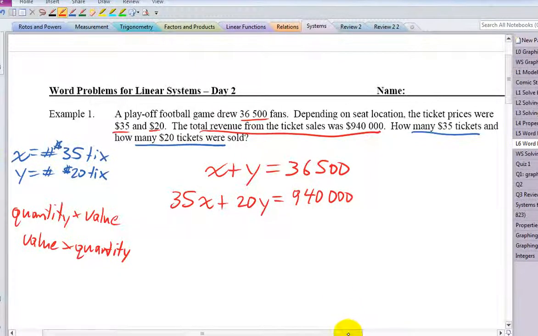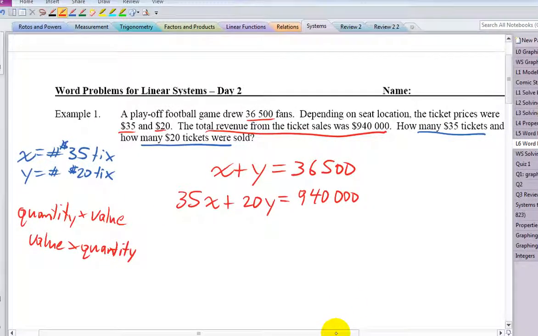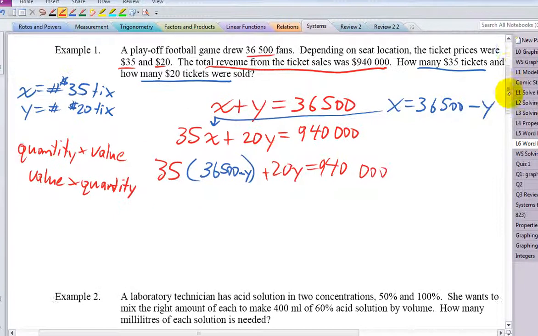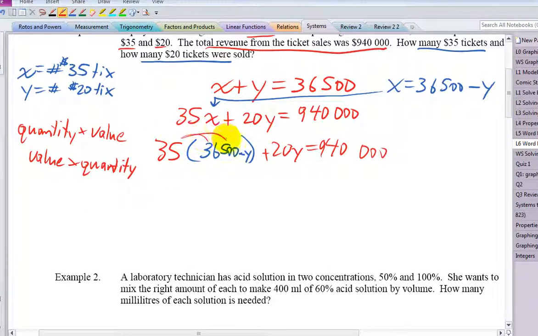Okay, substitution or elimination, what do you want to use? Yeah, elimination. So I'm going to make you do substitution just so we practice it. X equals 36,500 minus Y. So substitute that in for X. So multiply in.